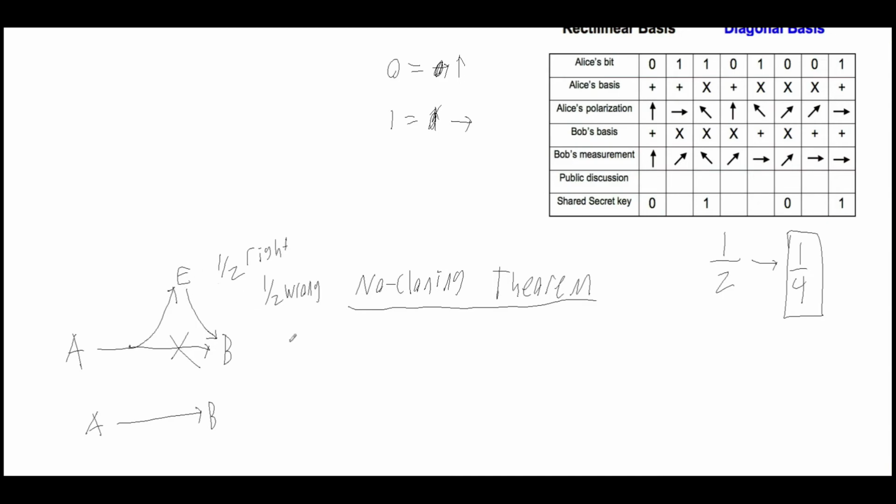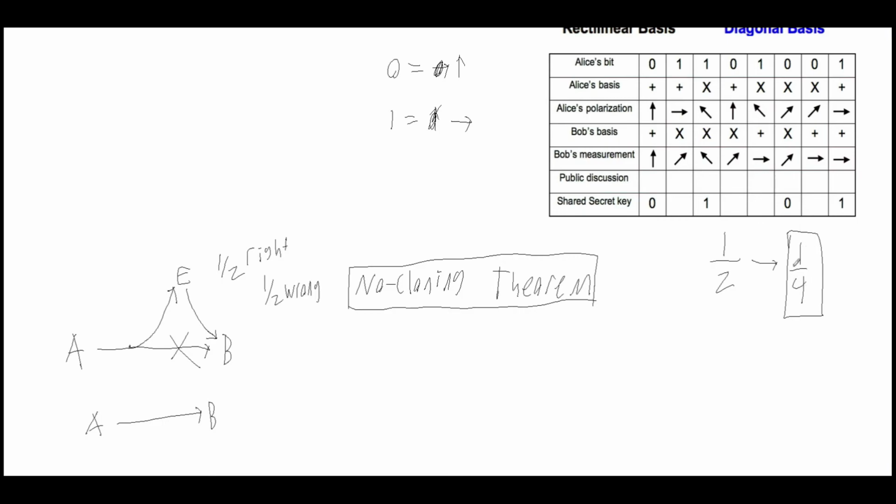So if you are interested in why Eve can't send the same thing that Alice sent to Bob, then look into the no cloning theorem, and that is the reason why Eve cannot send the same signal to Bob that Alice did. But the outcome is, like I've been repeating, that if nobody's listening, then half of these will be correct.